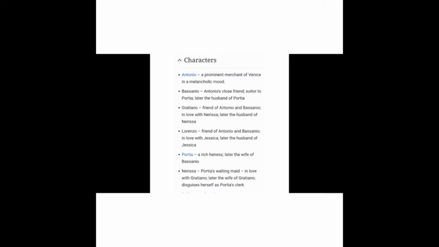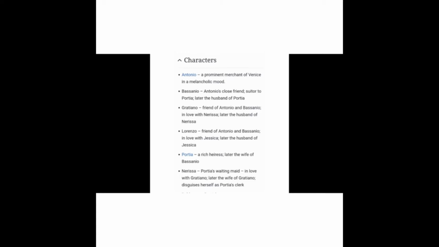Unlike Shylock, Jessica is not a Jew in blood, though she might be a Jew in her biological way of upbringing, but then she is not a Jew in blood. She is all Christian, and that's the reason why she gets married to a Christian ultimately, and she runs away with a Christian by the name Lorenzo, who is another friend of Antonio and Bassanio.